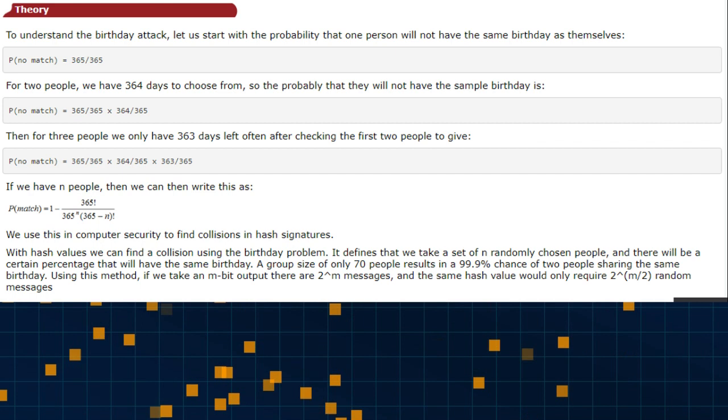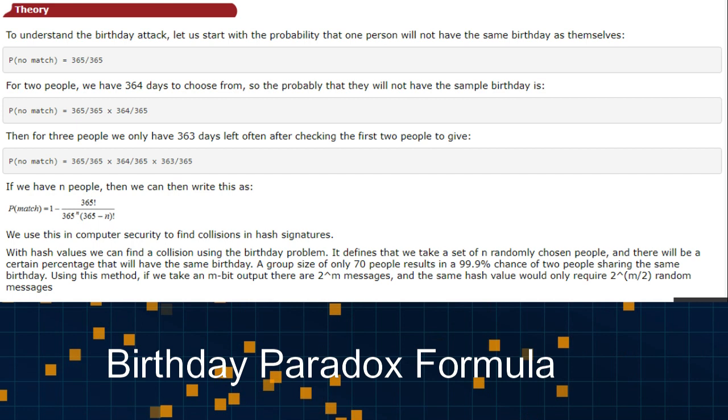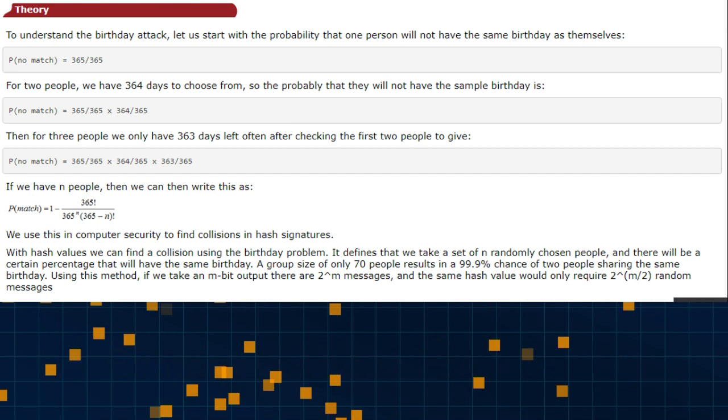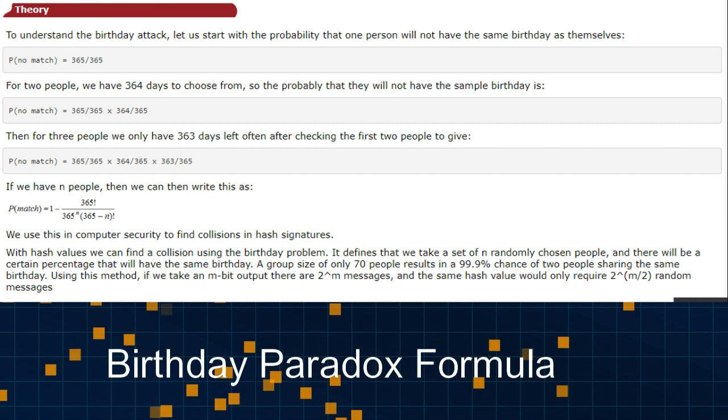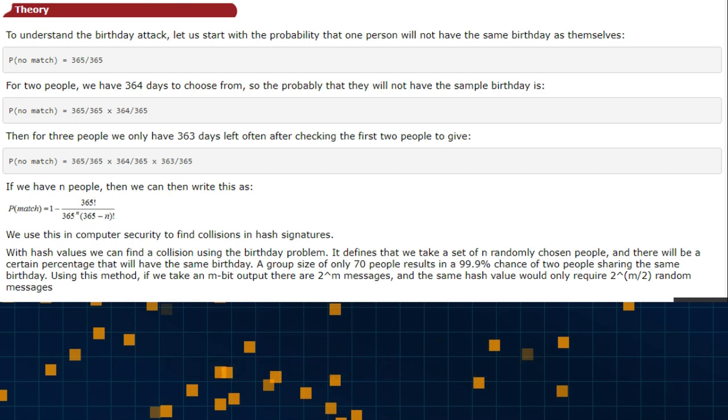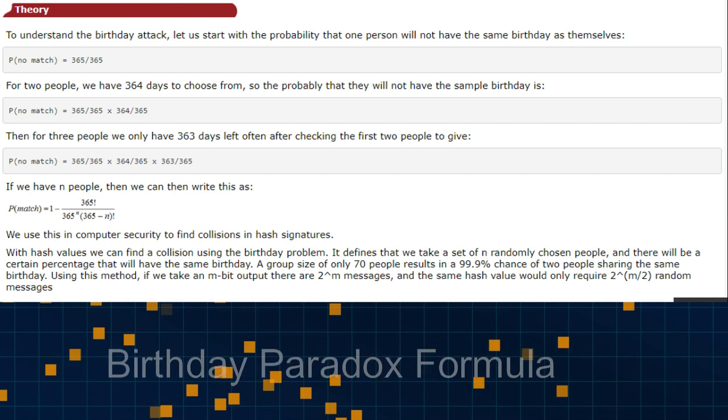Then for three people, we only have 363 days left after checking the first two people. Hence the following. If we have n people, then we can write this as probability equal to 1 minus 365 factorial divided by 365 to the power of n times (365 minus n) factorial.